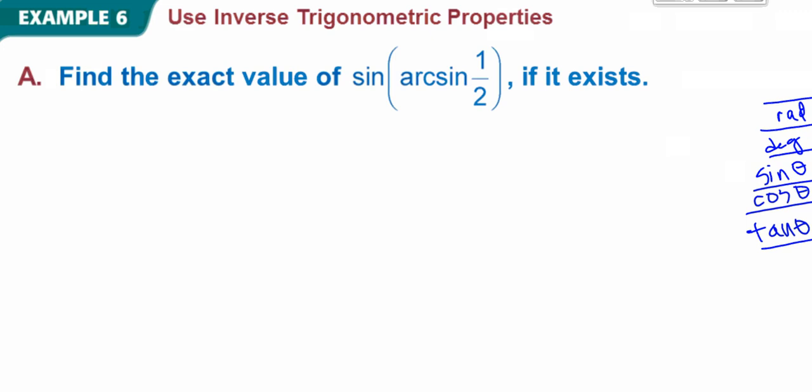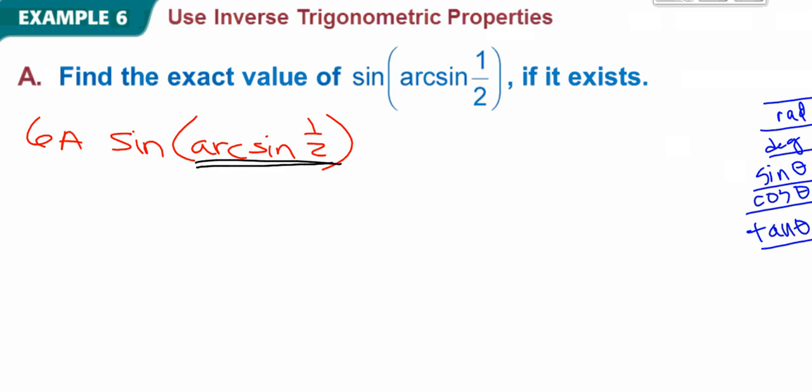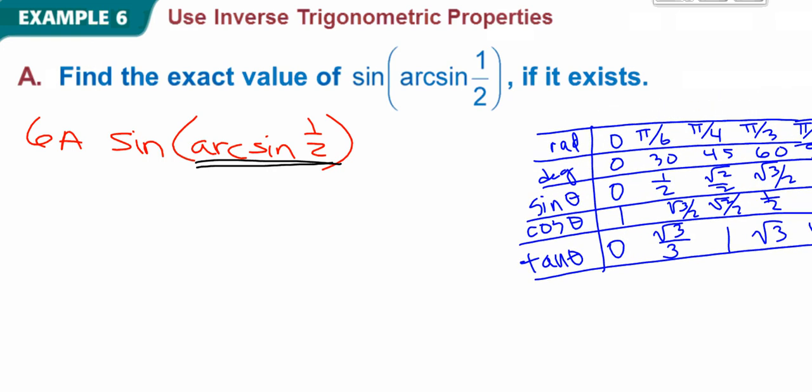And so this is 6a. It's the sine of the arc sine of 1/2. We had talked about angles a minute ago. Now we're talking about ratios. So let's work it through and see what we get. The arc sine of 1/2, that means if the ratio of sine is 1/2, what's the angle?